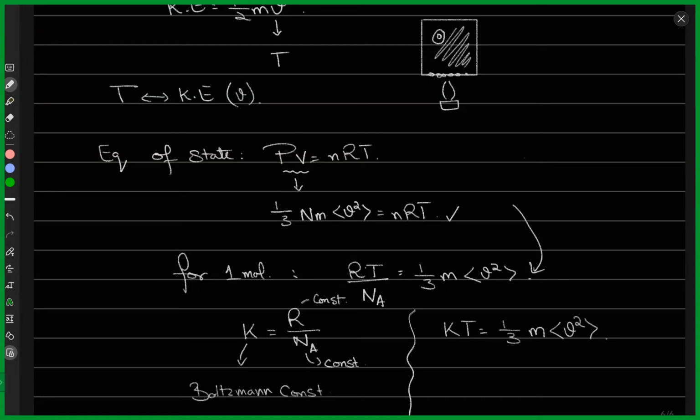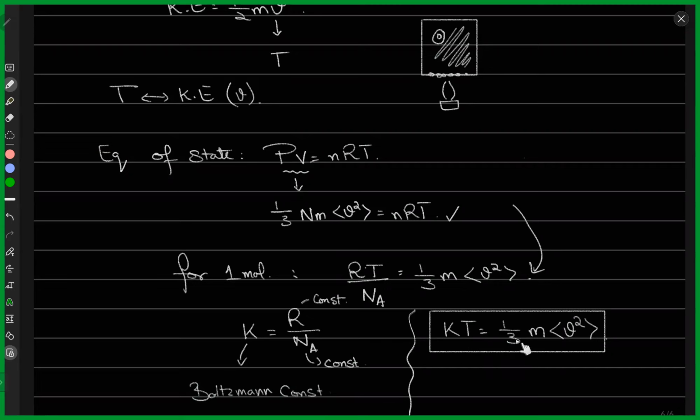Good. We can write this equation in another way by simply dividing this expression by 2 and taking 3 over there. The reason we'll do that is to make this equation look like the equation for kinetic energy, which is half mv squared.